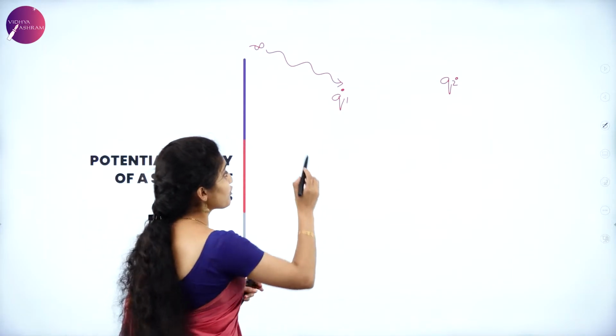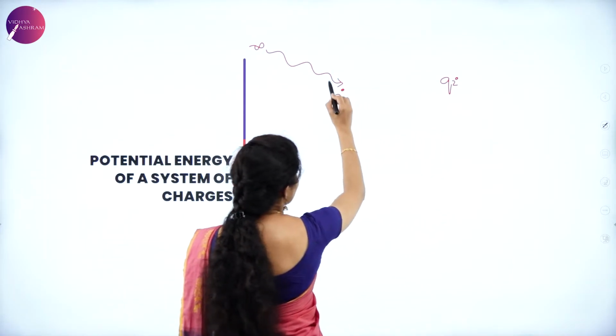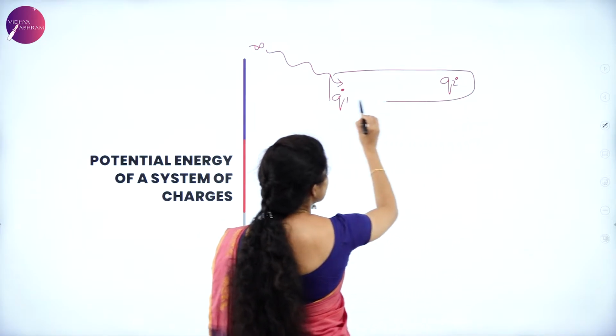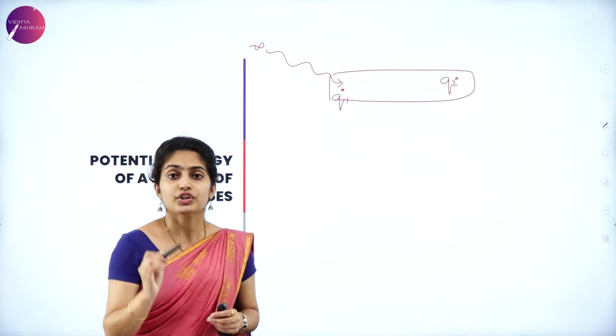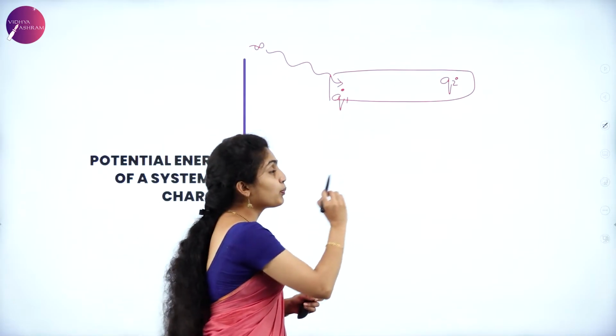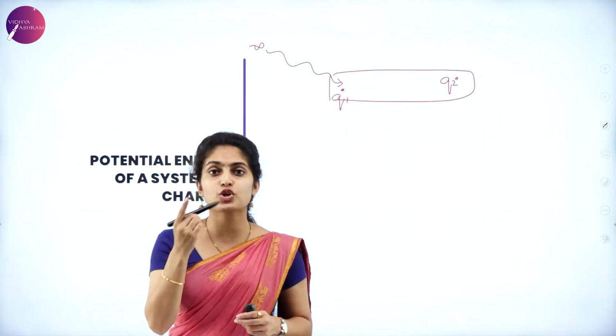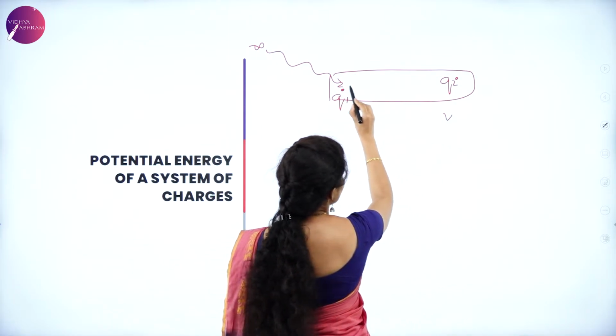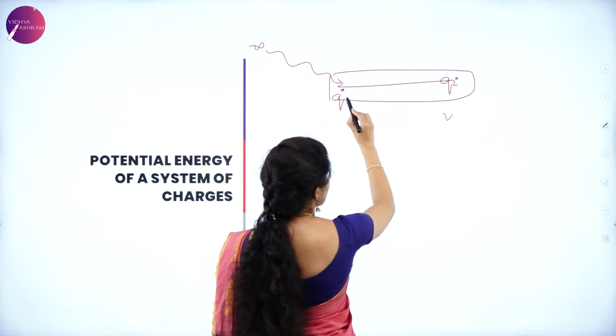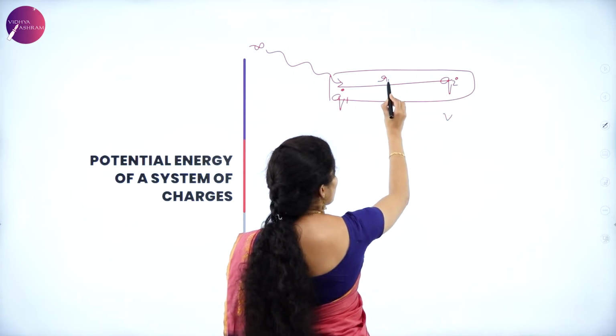Okay, so now we have got a system of two charges. Suppose you consider these two charges. When you consider these two charges, your equation, that is the potential due to one charge on the other charge, becomes V, and the distance of separation of the two charges, call it 1 and 2, so R12.